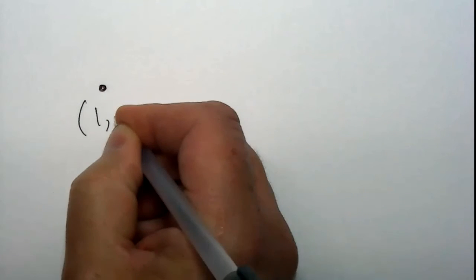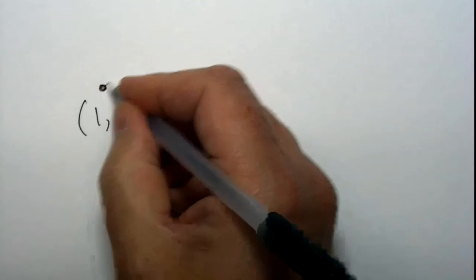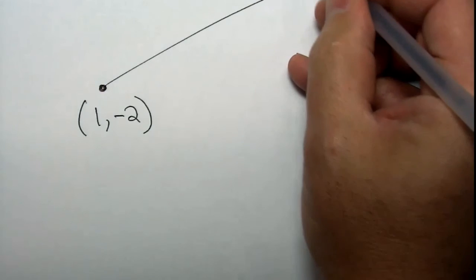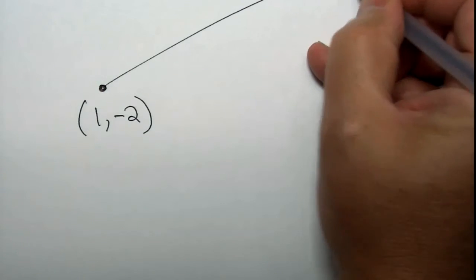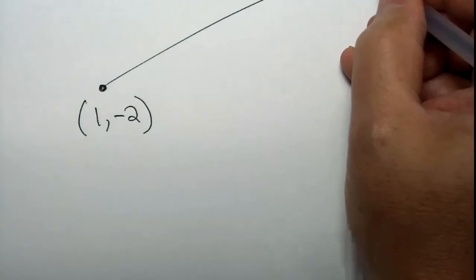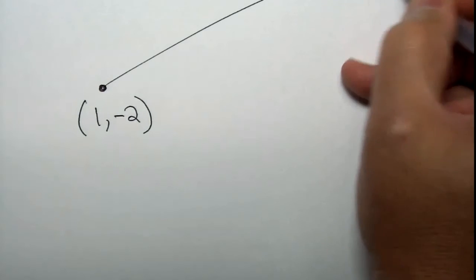So I'm going to give you a coordinate here. Let's call it 1, -2. Let's put one up over here. Let's make that positive 7, 8 up here.